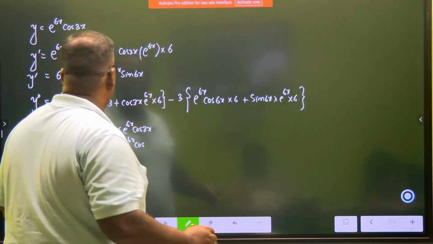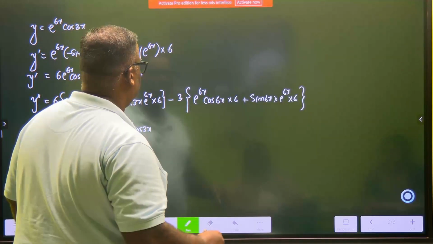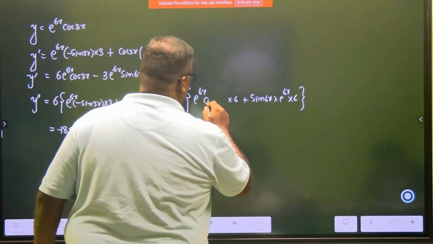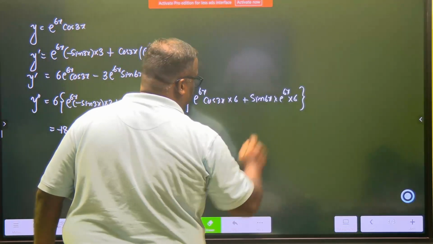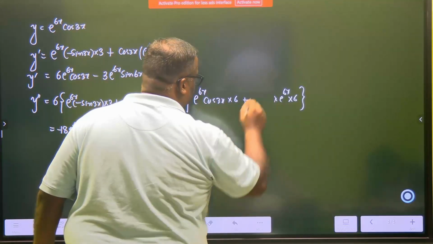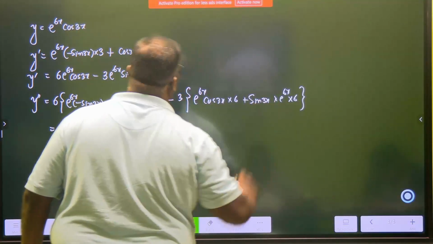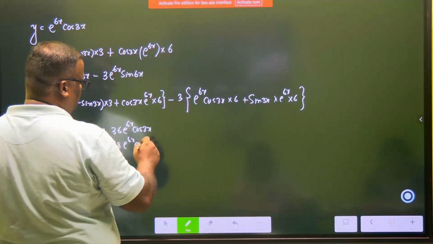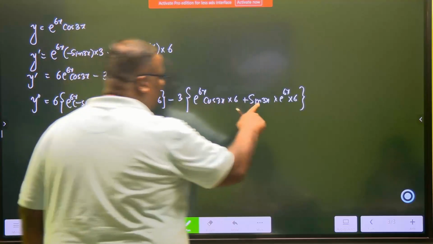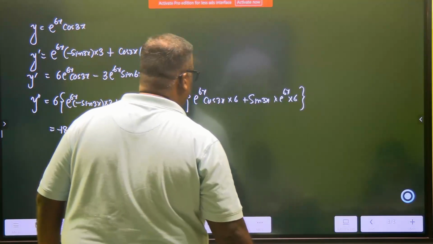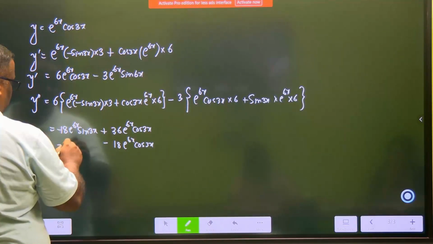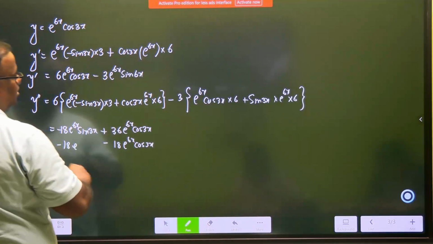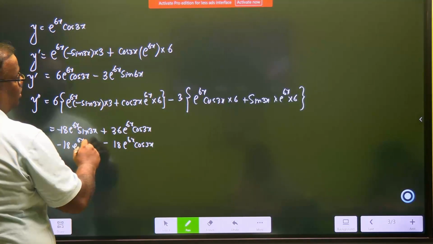Why am I writing 6x? This is not 6x, this is 3x, cos 3x, sorry. And this is also sine 3x. So here we get 18 e to the power 6x cos 3x, and I get a negative 6 times 3 is 18, a negative 18 e to the power 6x sine 3x.